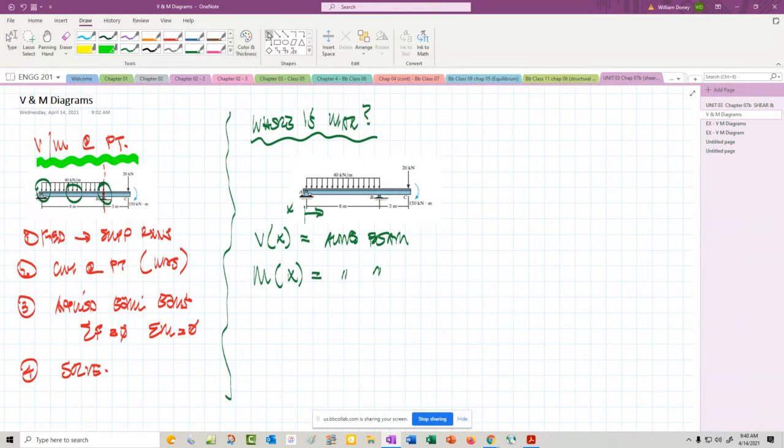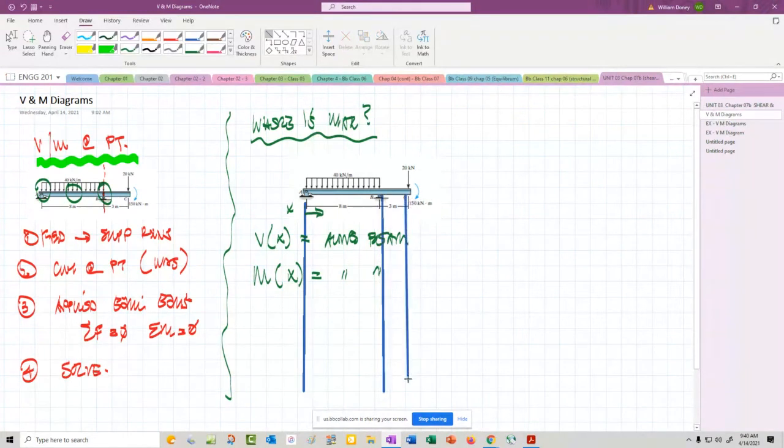So what we're going to end up doing here and learning about this is we're going to take this structure and, wherever there's a loading on it, an external load, we're going to draw these lines down. And then we're going to draw some horizontal lines.